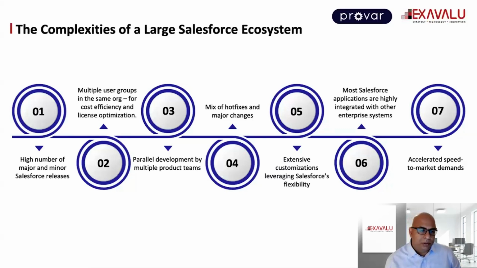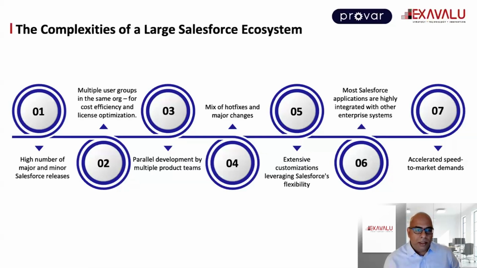So that brings us to the third point, which is that you may have multiple parallel streams of development happening, and you've got to make sure that those don't step on each other and break some other user group's functionality. Also, now this one is not just confined to Salesforce, but you will have a two-track development situation where you have a small team that's working on any production-related hot fixes, and then there's ongoing major changes.